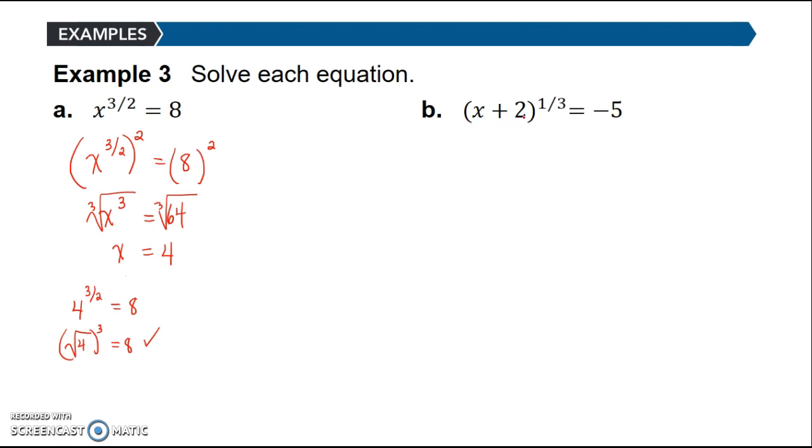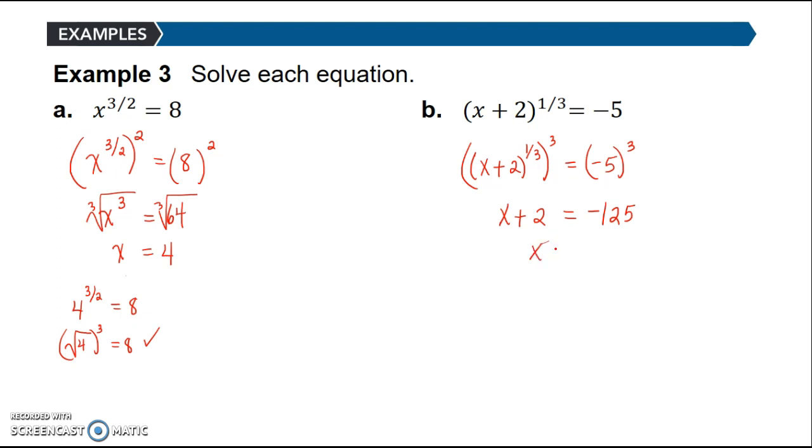Next, the equation x plus 2 to the 1/3 equals -5. The expression with the rational exponent is isolated. We're going to raise each side to the denominator of that rational exponent, which is 3. So 1/3 times 3 is just 1, so we get x plus 2 on the left is equal to -5 cubed, which is -125, right? -5 times -5 times -5.